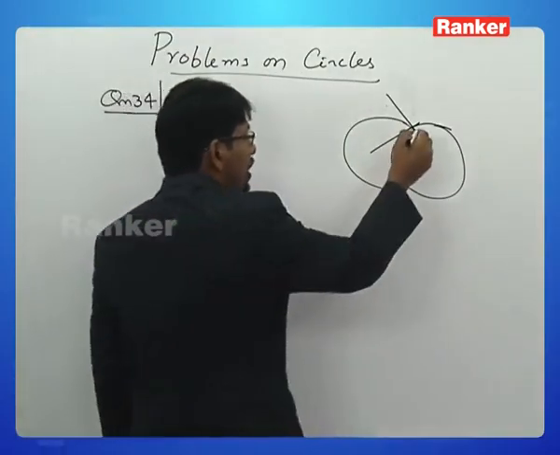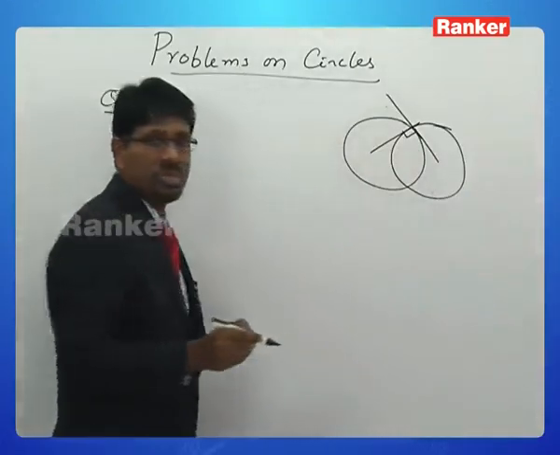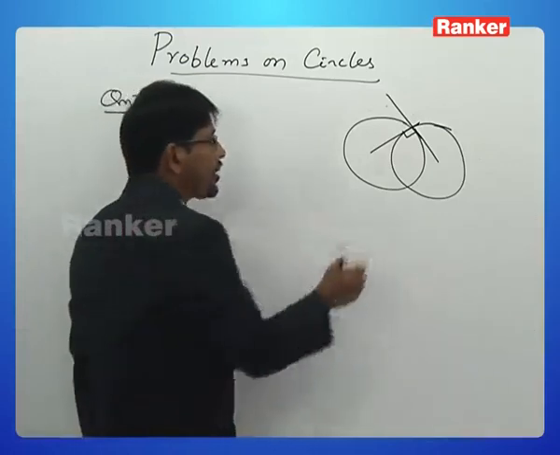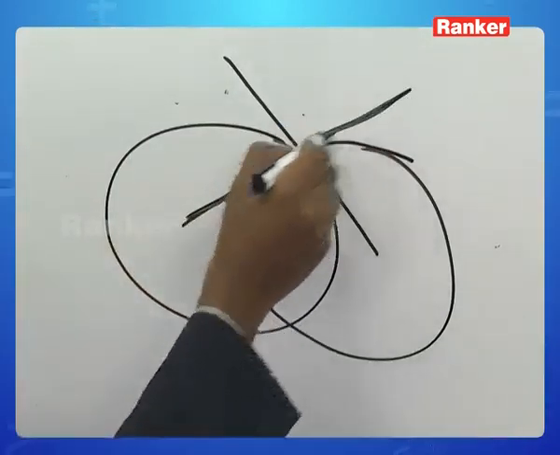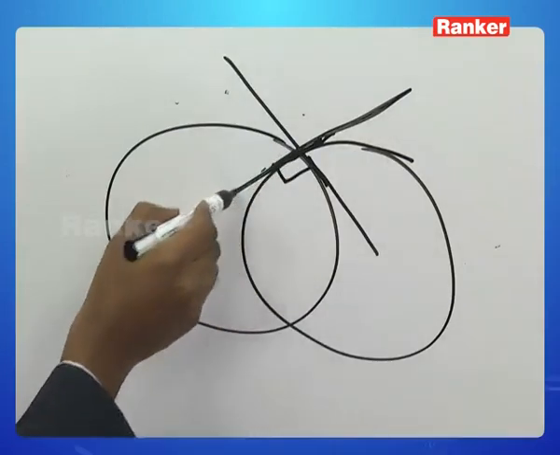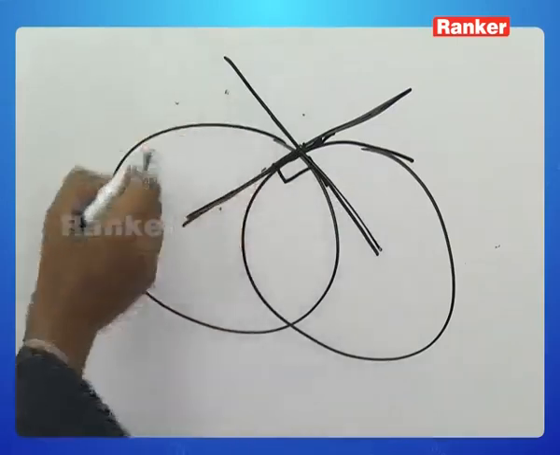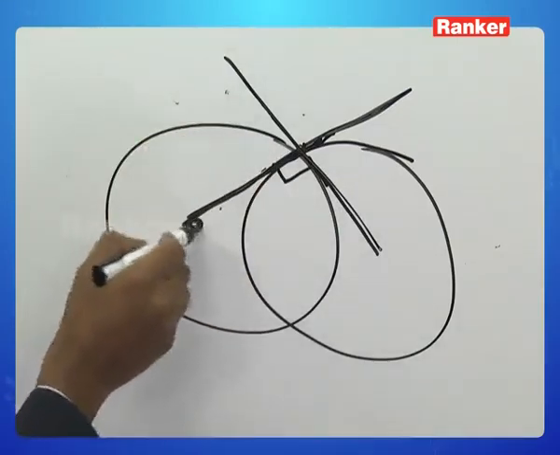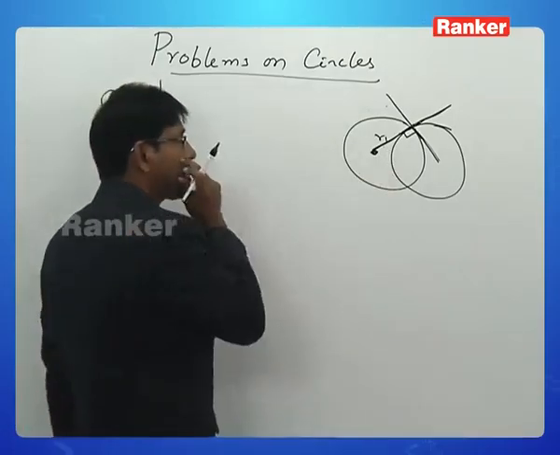Now, if the two circles are intersecting orthogonally, that means the angle between the tangents must be equal to 90. Then this tangent, which is the tangent to the second circle, will actually become the radial line for the first circle because it is perpendicular to this line, which is the tangent to the first circle. So this will become R1, radius of the first circle.